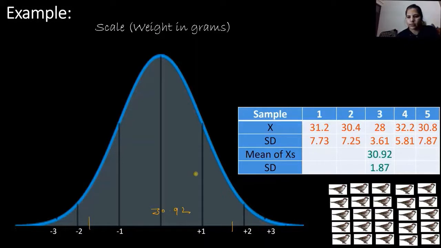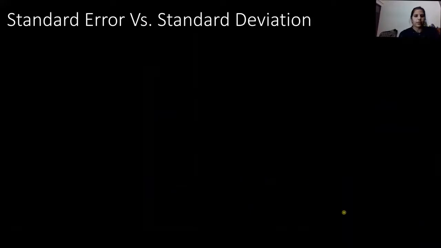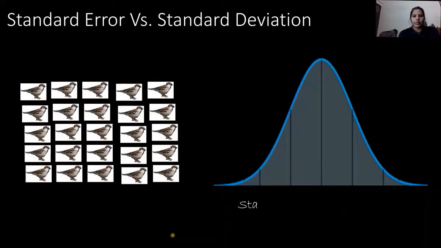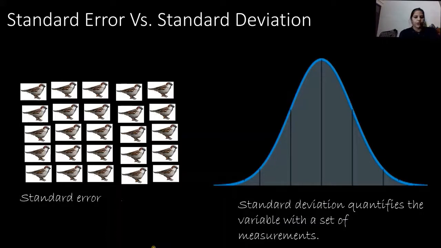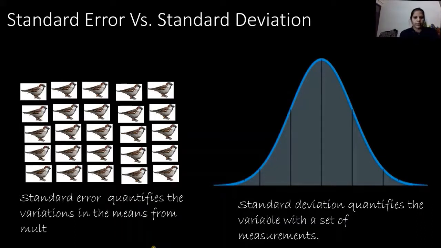That's why it has produced a very low standard deviation value. Therefore, the standard deviation quantifies the variability within a set of measurements, whereas a standard error quantifies the variations in the means from multiple sets of measurements.